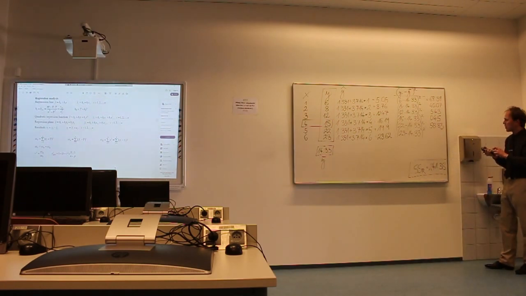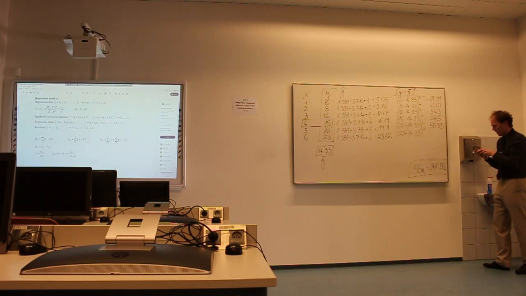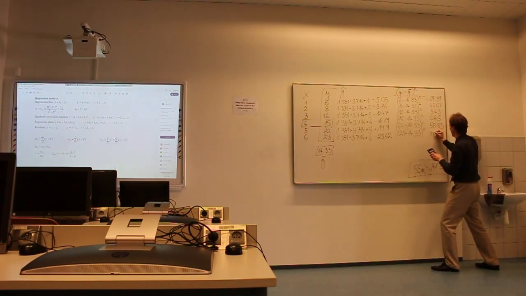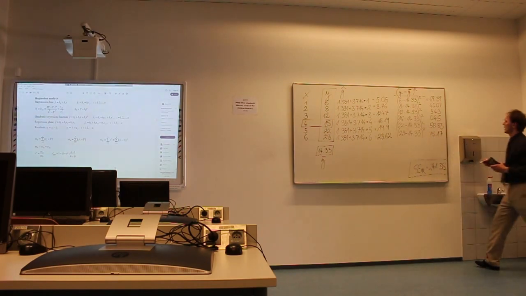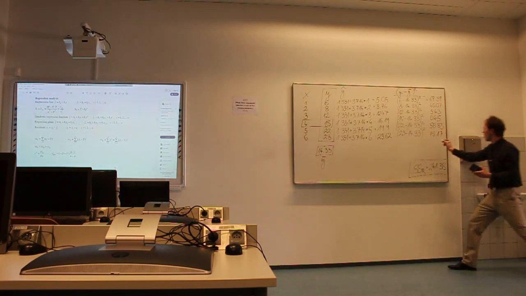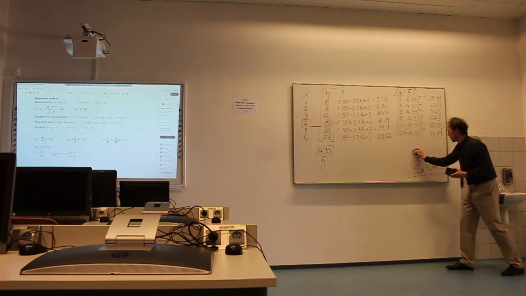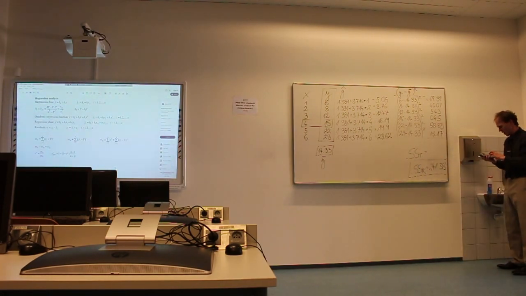And 23 minus 14.33 squared is 75.17. Okay, so the sum of these 6 values will be total sum of squares.